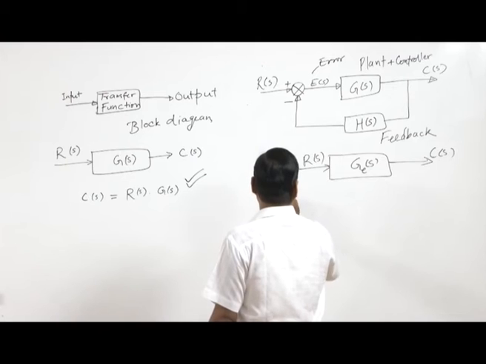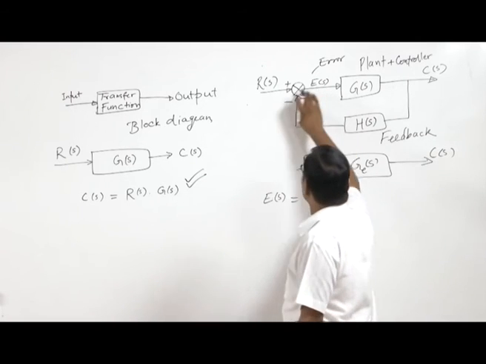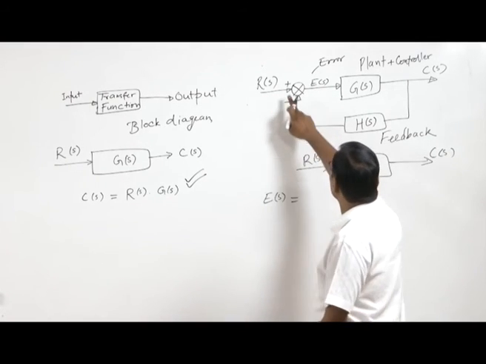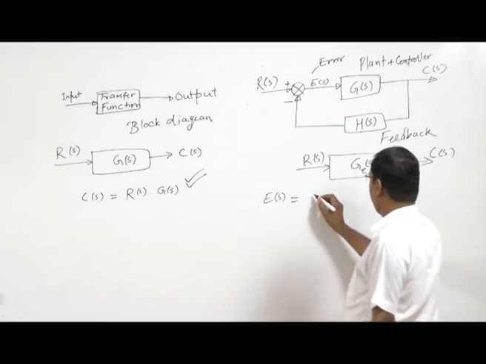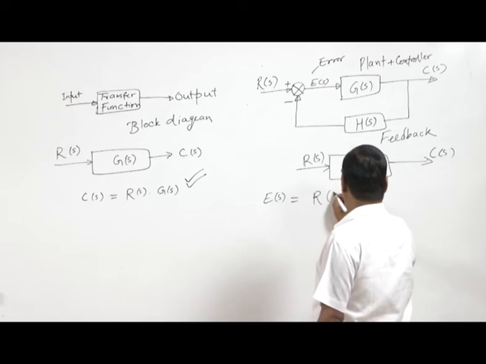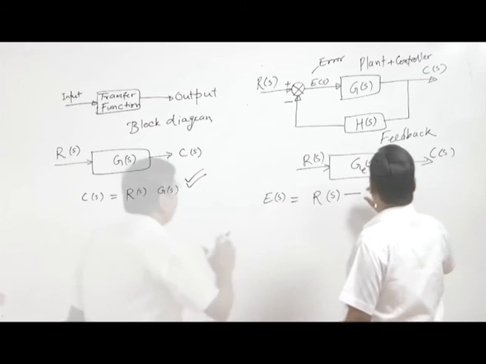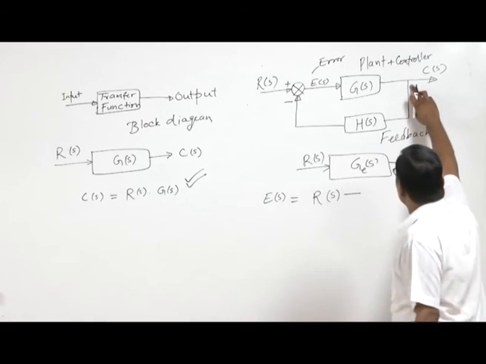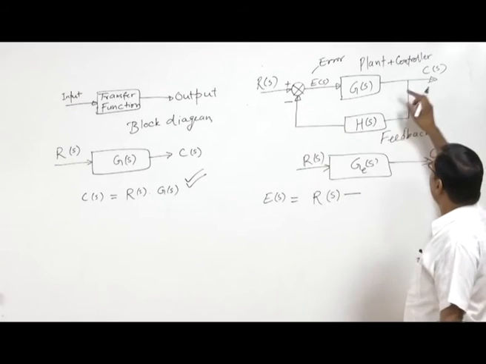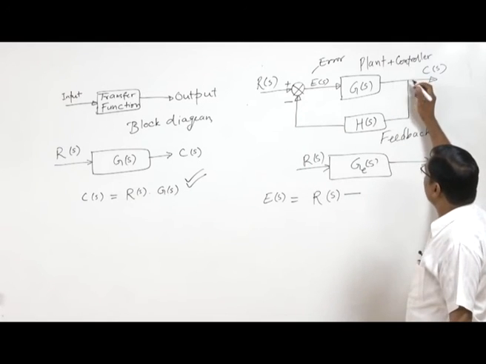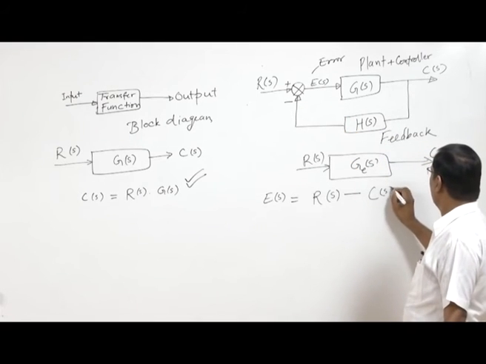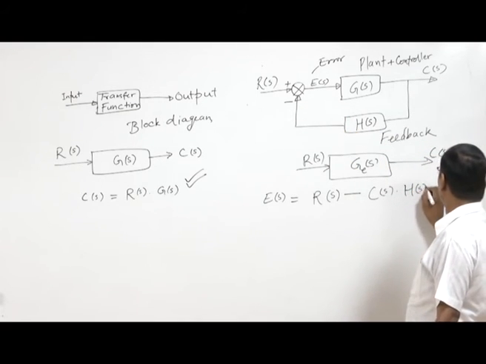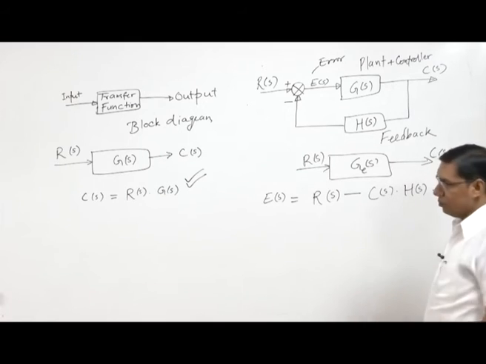E(s) is the error function, that is R(s) minus, since it is a summing junction, R(s) minus H(s) into C(s), because what will reach here is C(s), so C(s) into H(s) will reach here. So this is equation number 1.